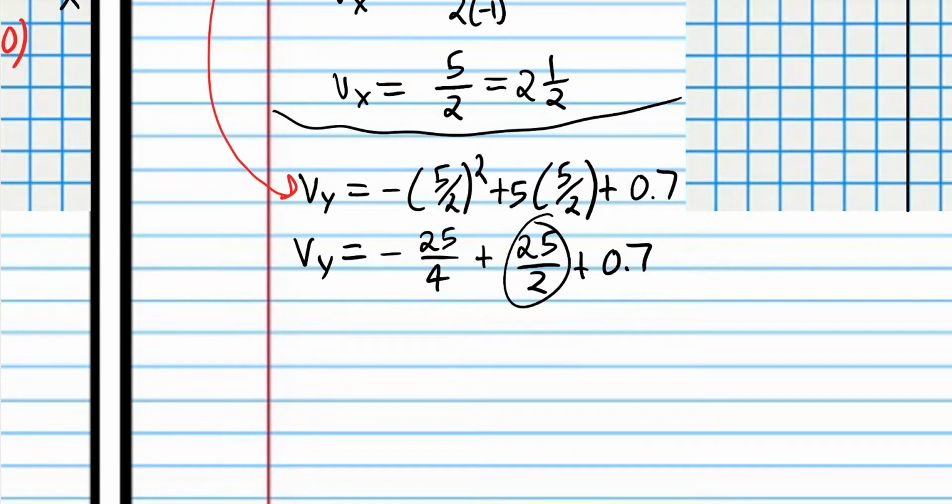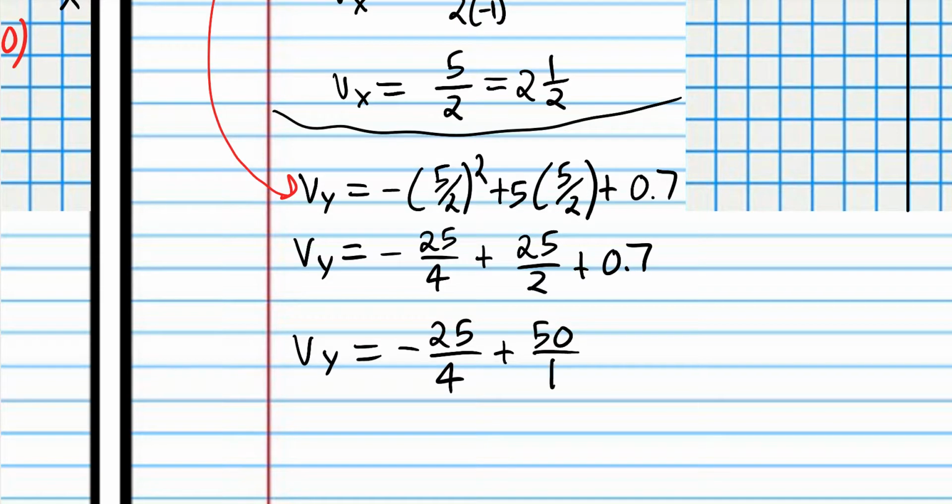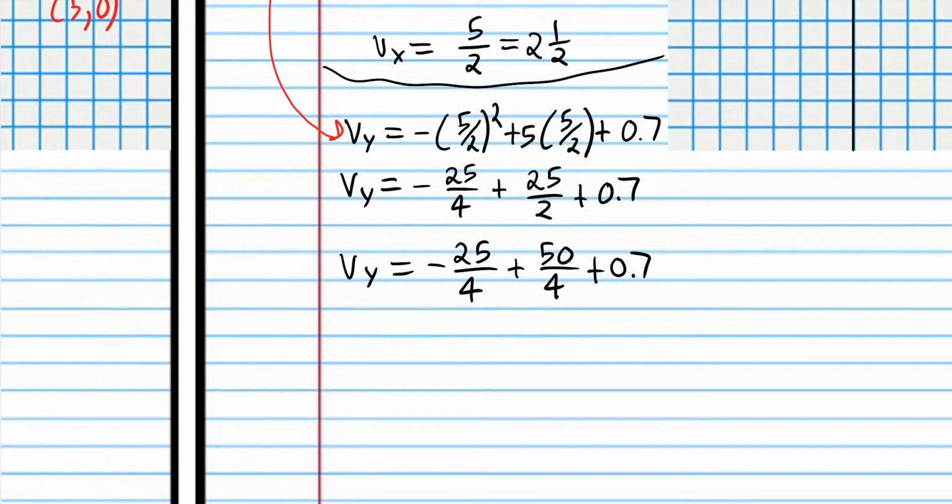Now we got to get a common denominator, so I'm going to multiply both sides of this fraction by 2. And we get 50 over 4 plus 0.7. Add those together and we get 25 over 4 plus 0.7.